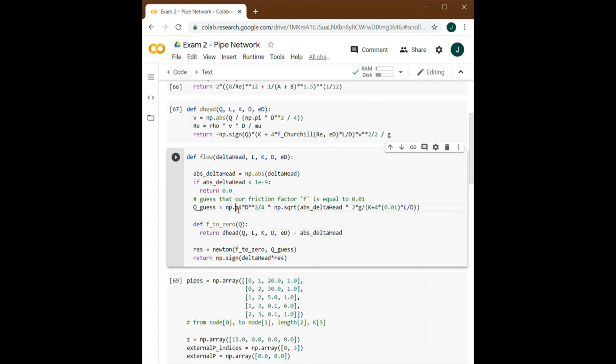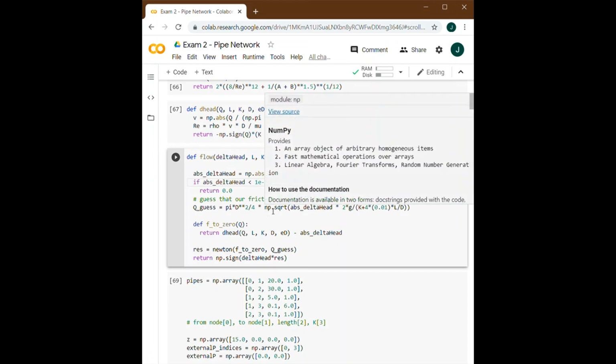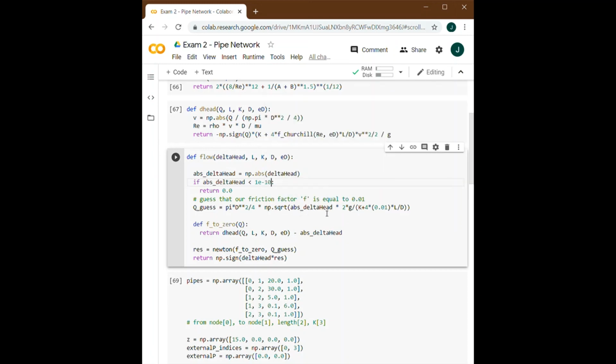So let's just quickly change this. Let's just change a few values, see if that makes any difference. So we got pi times d squared over 4 times the square root of delta head.